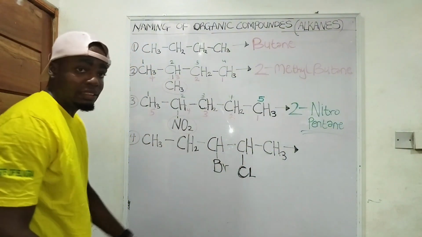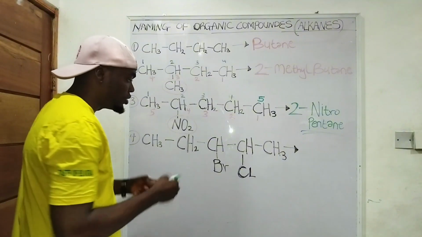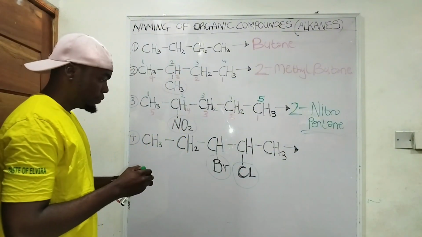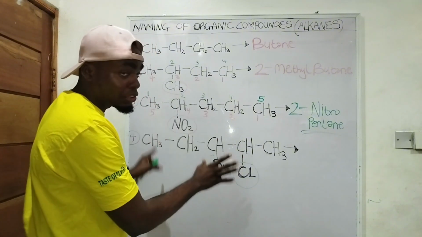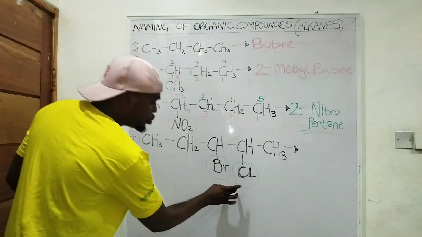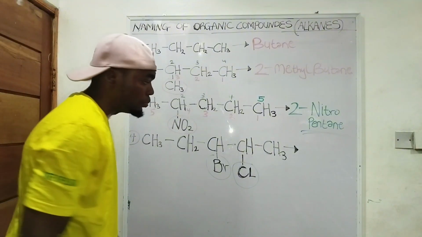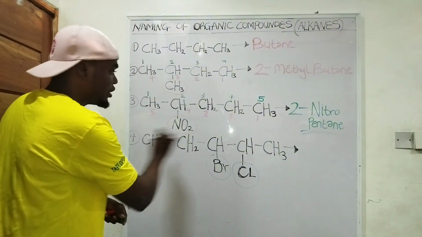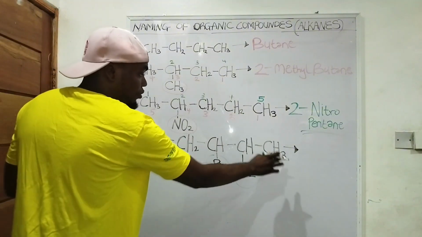So now let's deal with the substituents. We have two substituents. We have substituent 1 and then we have substituent 2. So in this particular situation right here, we have to still check the direction that will give these two substituents the lowest number possible. Let's count from left to right and then from right to left.